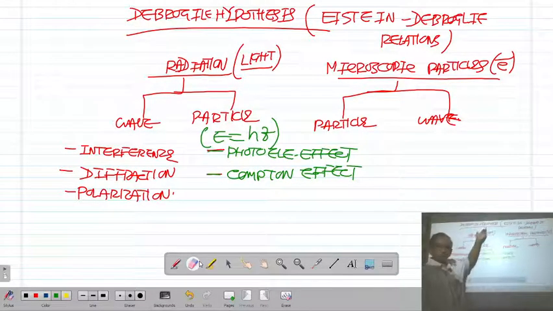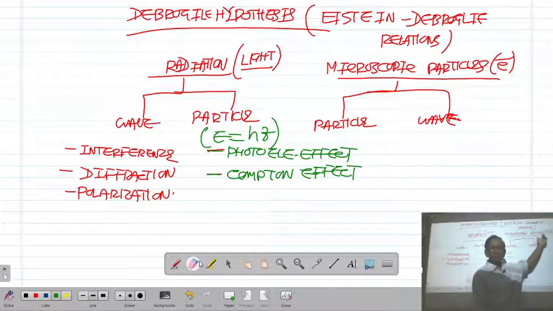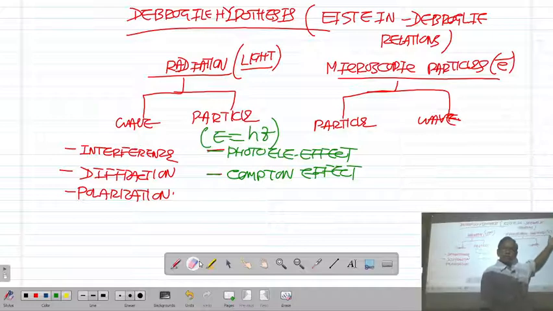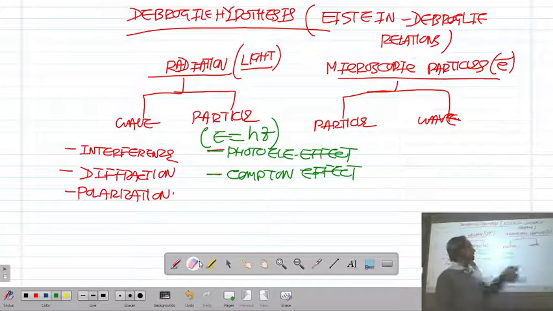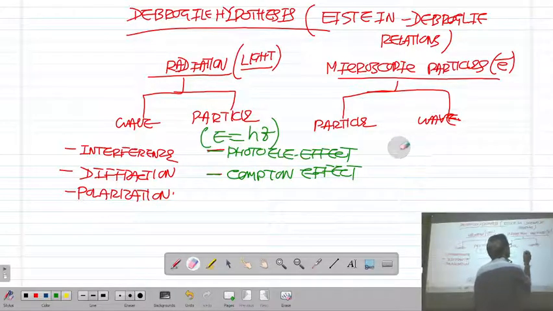Similarly, de Broglie assumed that if radiation has a dual nature, wave and particle, then it may be possible for a material microscopic particle like the electron to have a dual nature. Actually, the electron is a particle, but in some experiments the electron behaves as a wave.